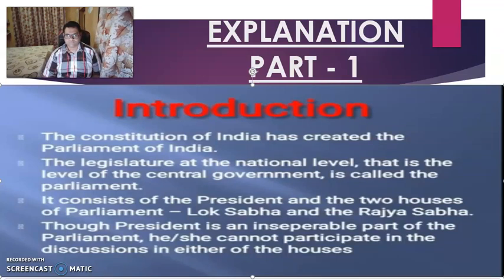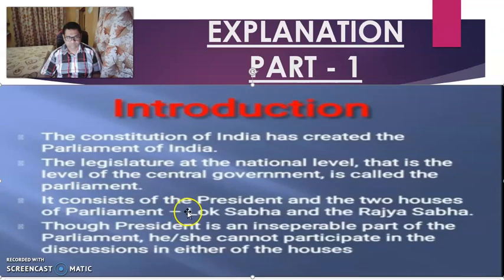One who makes laws. The legislature, which is at the national level, that is at the central level, is called the Parliament. Now, in this Parliament, there is a President and the two houses, that is the Lok Sabha and the Rajya Sabha.